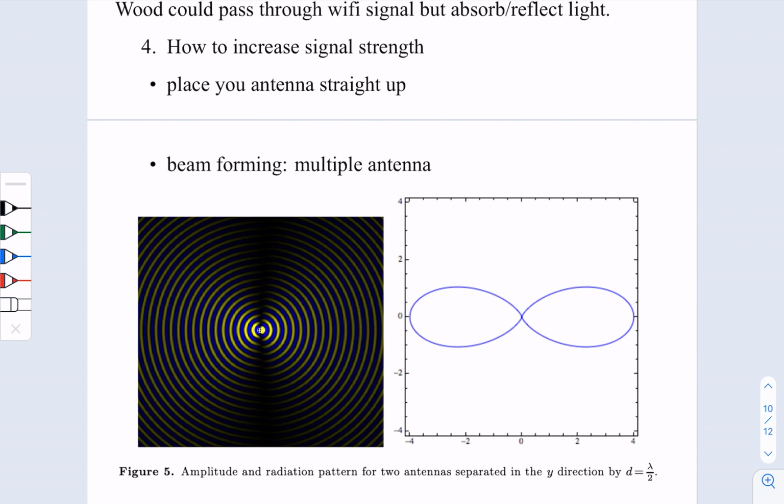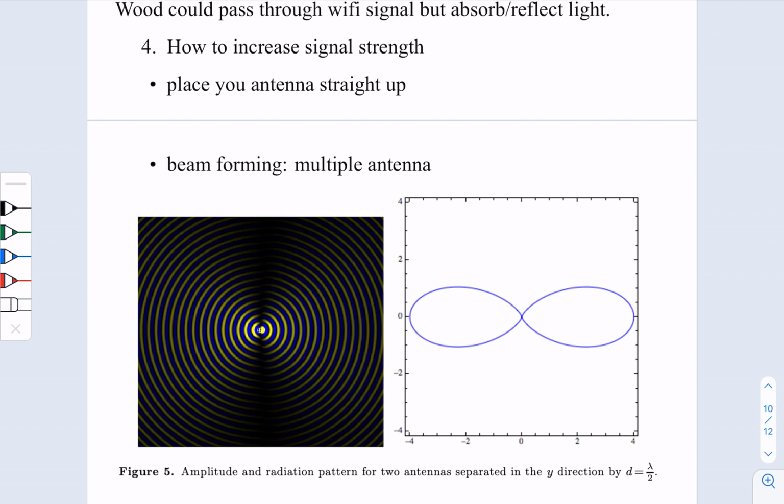So nowadays, if you want to increase the signal strength, you are not allowed to arbitrarily increase the output power of a single antenna. That is because by law, or by restrictions from different countries, you cannot radiate too much power.